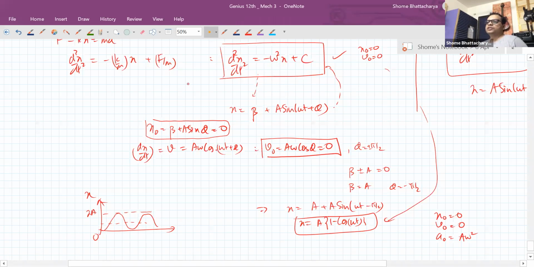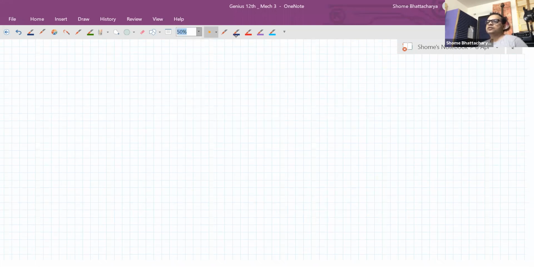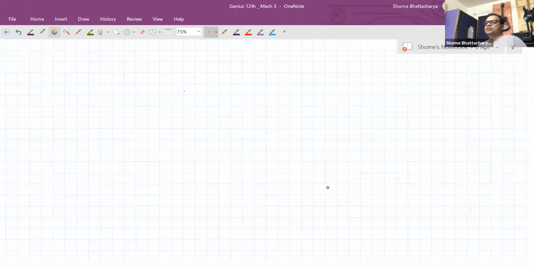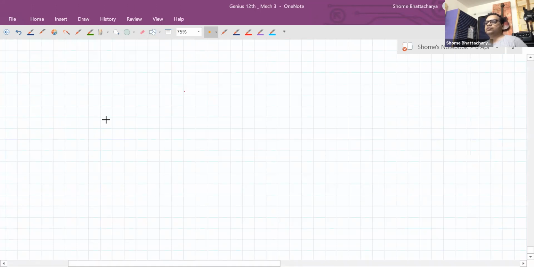Okay. So coming back to our question over there, in addition to this, of course, you have to apply center of mass concept to understand how the SHM is happening. So let me explain the SHM in the center of mass frame.